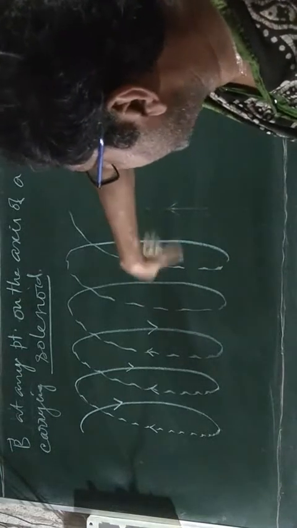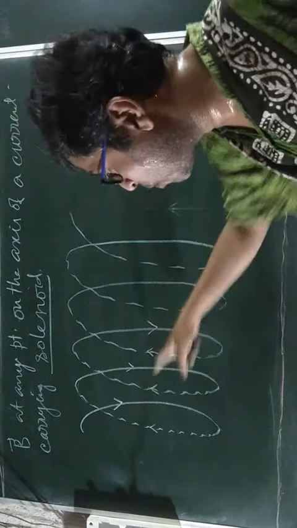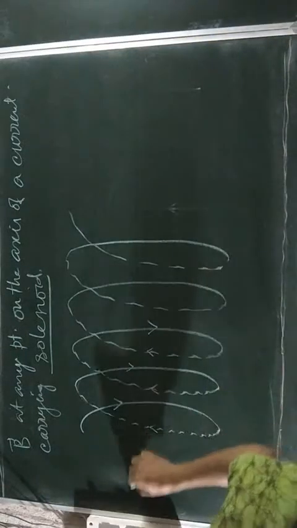So the magnetic field will move either this way or that way. That means the direction of all the magnetic flux will be like this, parallel to the axis of the solenoid.